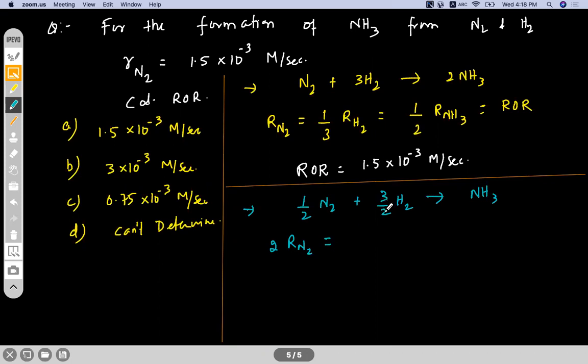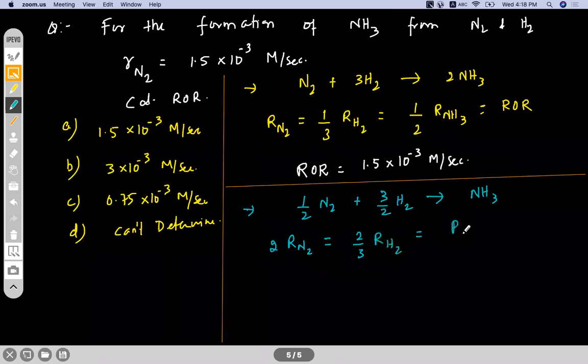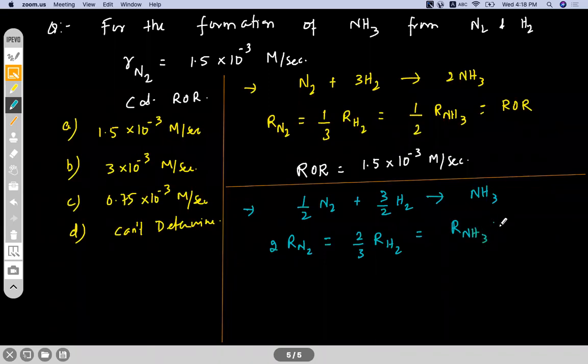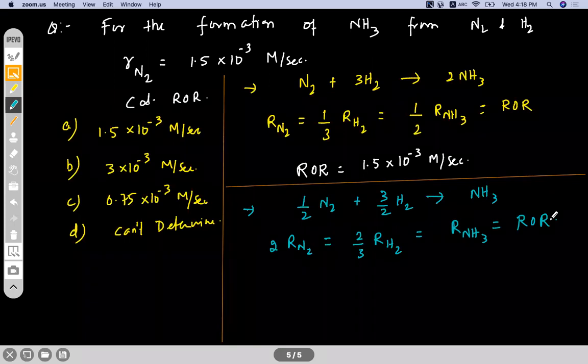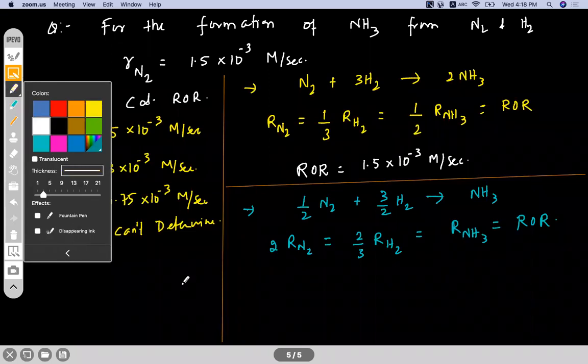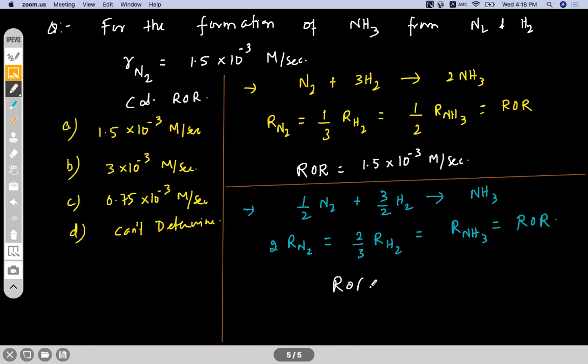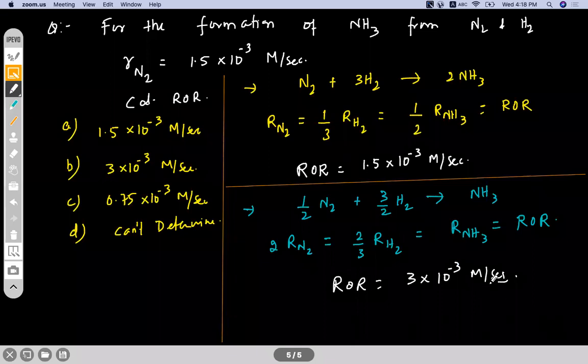This would be 2 by 3 of R of H2 is equal to R of NH3 equals the rate of reaction. Isn't it correct? So what is the rate of reaction from this? That is 2 times R of N2, and we are getting 3 into 10 to the power minus 3 molar per second.